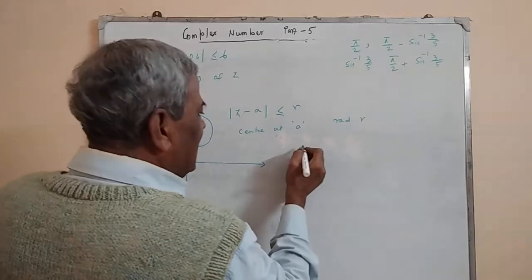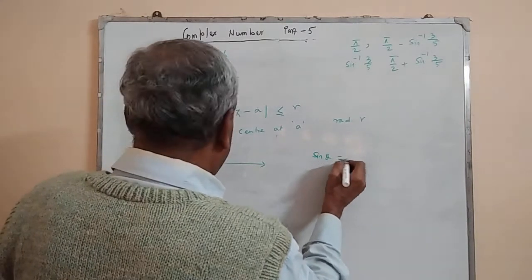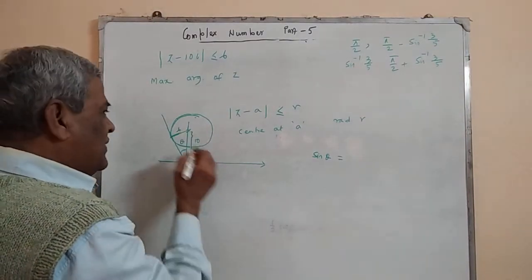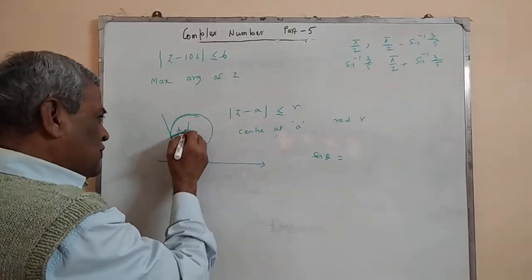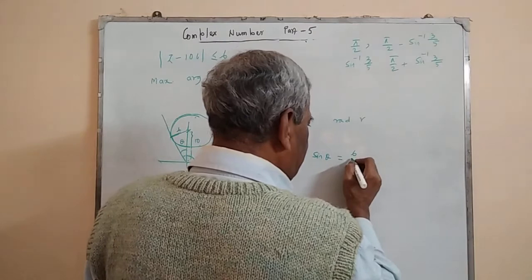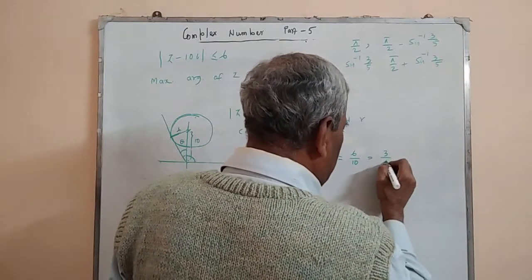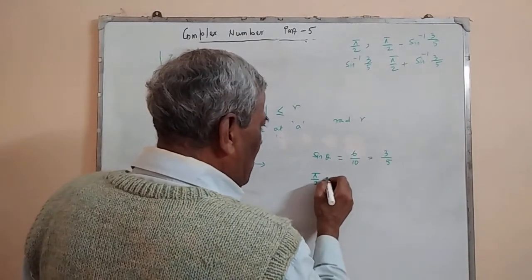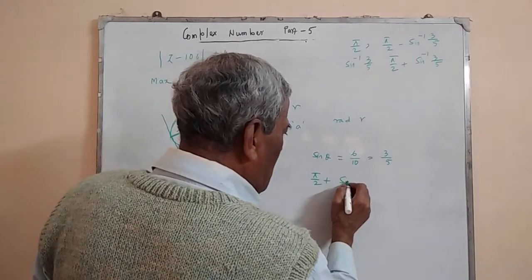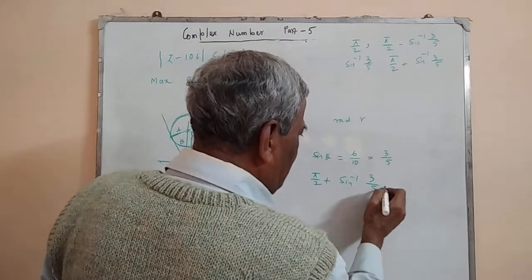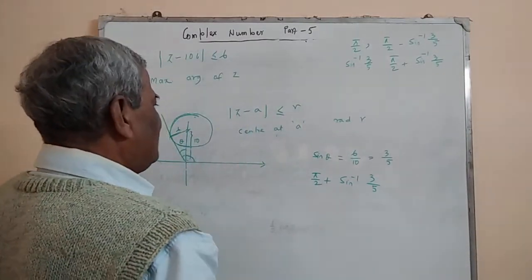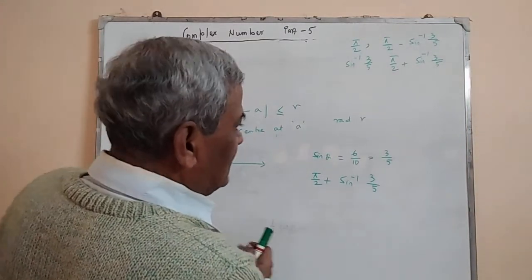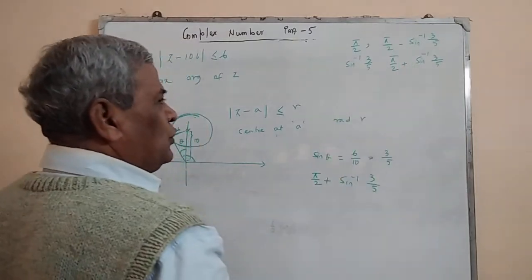Now sin theta, this is a right angle triangle, so sin theta is equal to perpendicular divided by hypotenuse, 6 by 10, which is equal to 3 by 5. So the maximum argument is pi by 2 plus sin inverse 3 by 5. So the correct option is D, the fourth option.